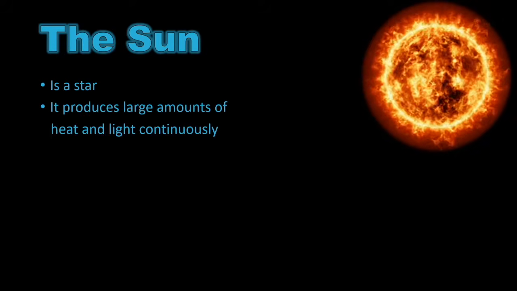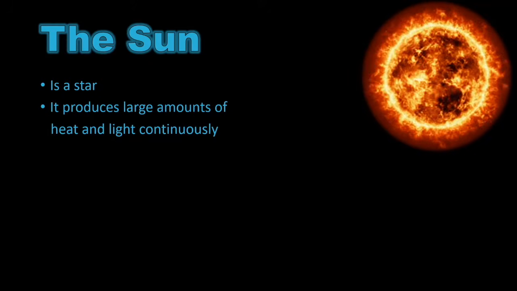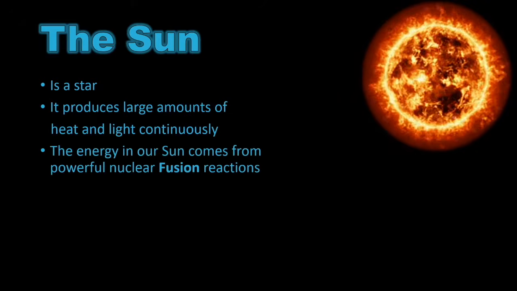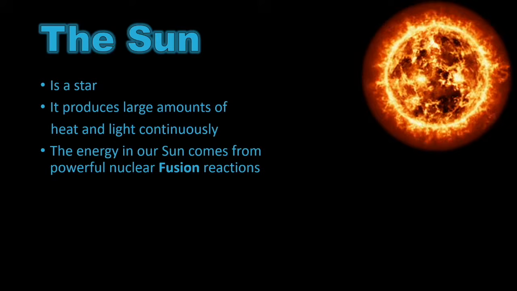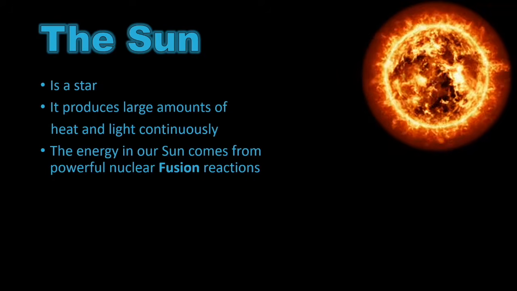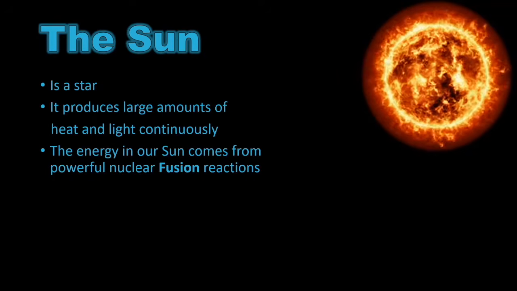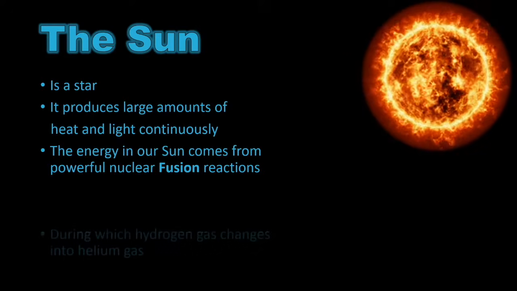So firstly, we're going to have a look at the Sun. The Sun is a star. It produces large amounts of heat and light continuously. It never stops. The energy in the Sun comes from a powerful chemical reaction known as a nuclear fusion reaction.